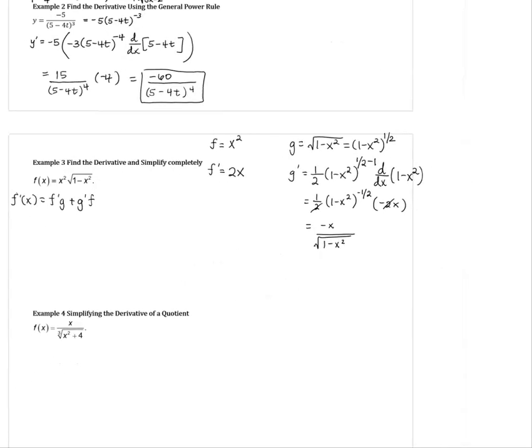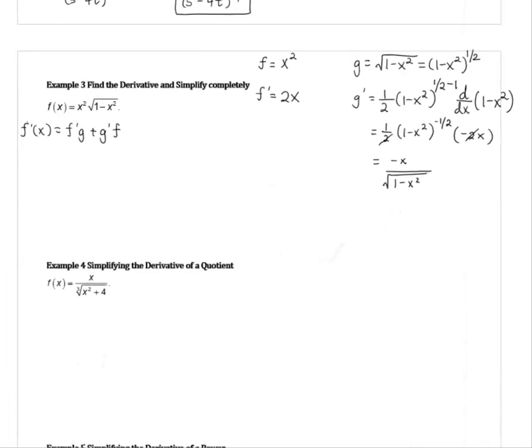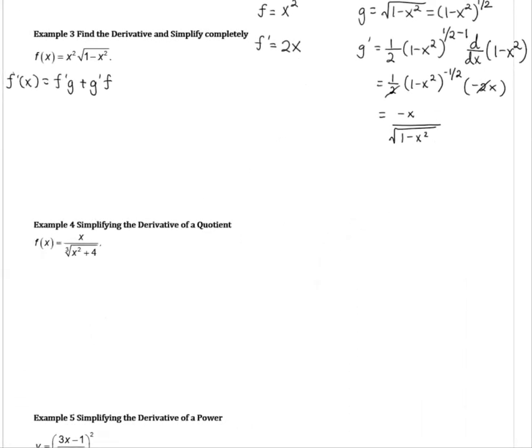So now we have all 4 of the pieces that we need in order to fill out what f prime of x is, this f prime g plus g prime f. So we have f prime multiplied with g, so that's 2x times the square root of 1 minus x squared. And then to that, we are going to add g prime f.